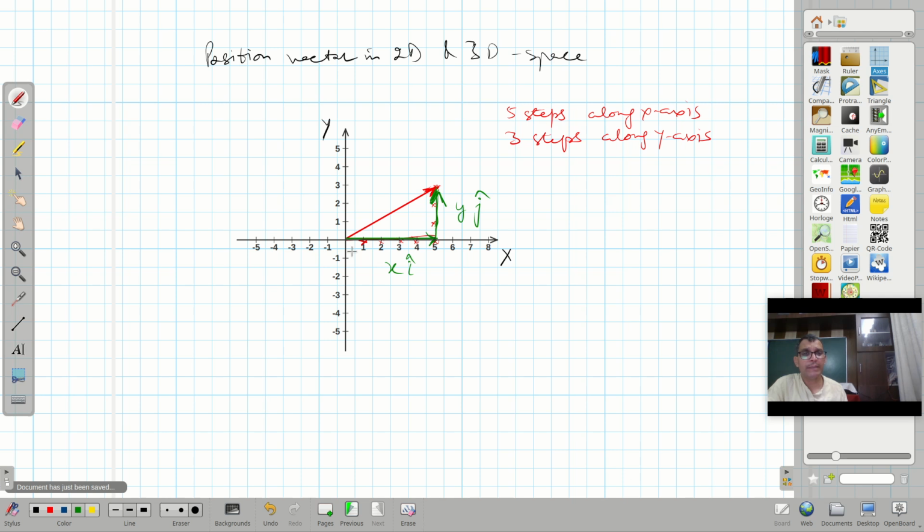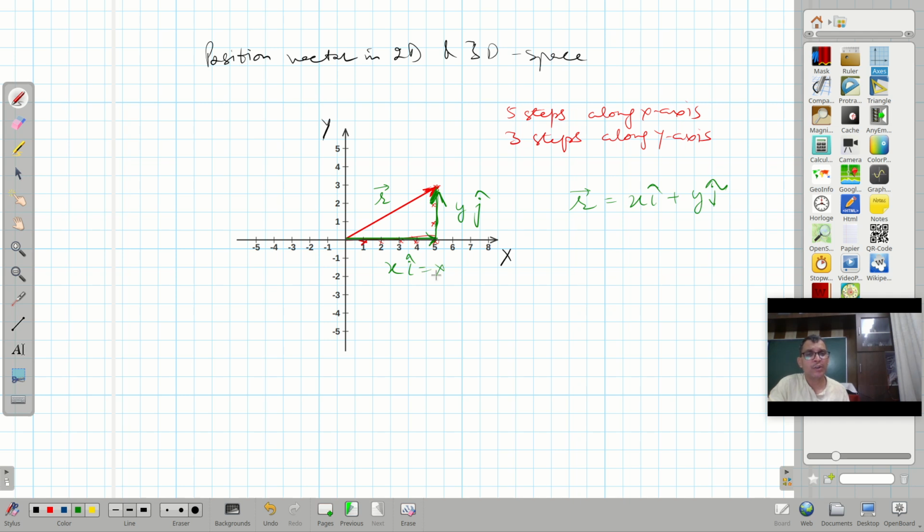Then if I apply the triangle law of vector addition, I call this the r vector, and this r vector is simply the sum of the vector along the x-axis and the vector along the y-axis. This is the sum of these two.